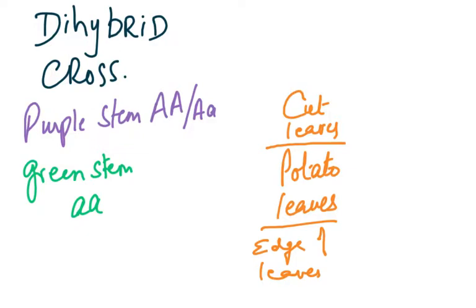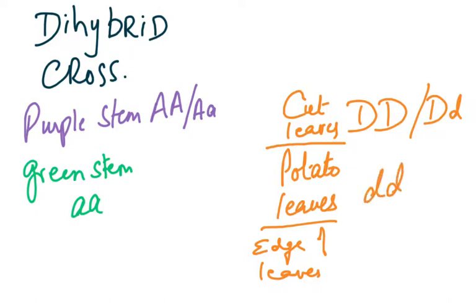The cut leaves, as given in the question, is capital D, so either big D big D, or big D small d. That is what's given in the question, so it's not something you need to remember. The edge of the leaves is also given, it is going to be small d.